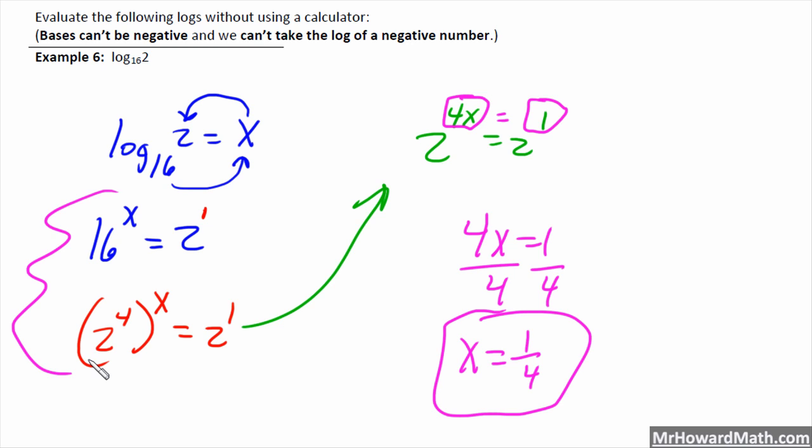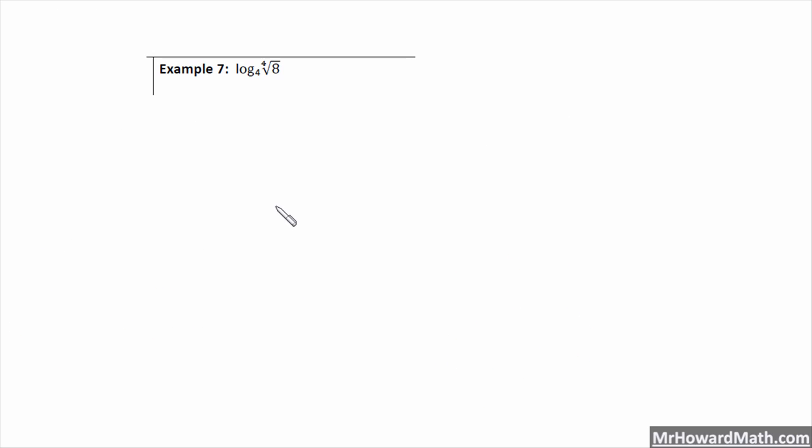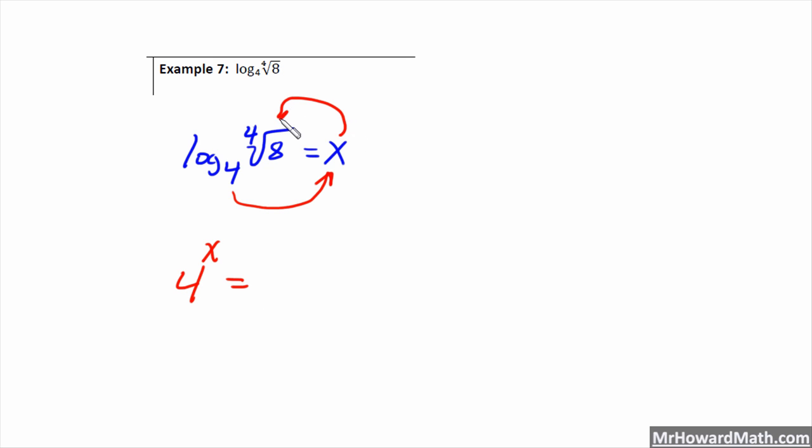All right, let's look at example 7 next. All right, example 7, we have log base 4 of the 4th root of 8. Okay, so the first thing we're going to do is convert that into an exponential. So 4 to the x is equal to the 4th root of 8.